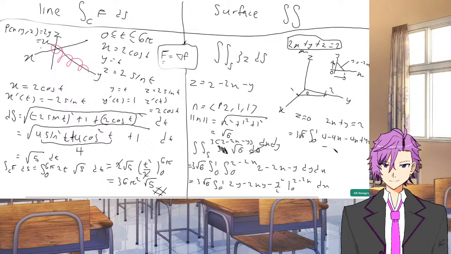And then this one should be 4 minus 2 times 2 times x, 4x.